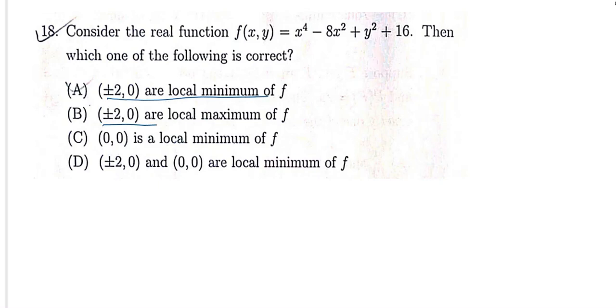Option B: plus minus 2 comma 0 are local maximum of f. Option C: 0 comma 0 is local minimum of f. Option D: plus minus 2 comma 0 and 0 are local minimum of f. So which option here is the correct answer? Let's see how to solve this kind of problem.